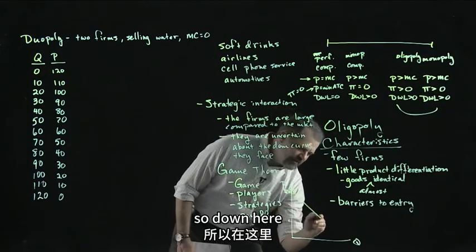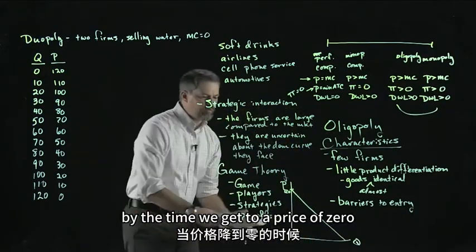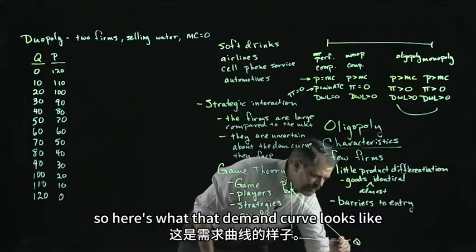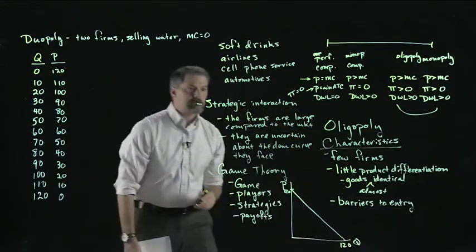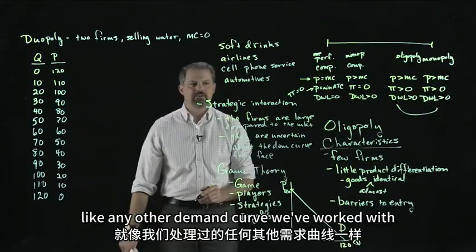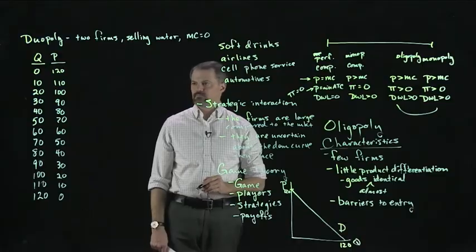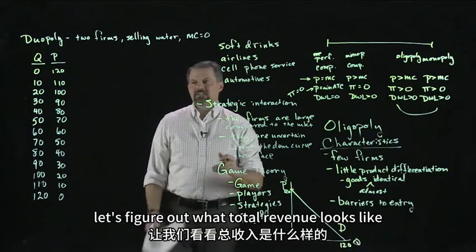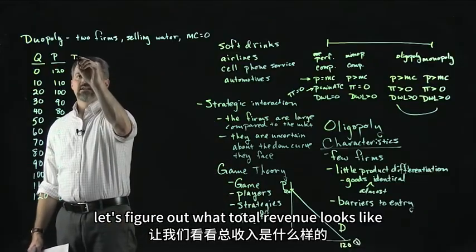So down here, by the time we get to a price of 0, quantity is 120. So here's what that demand curve looks like. Okay? It's just a basic demand curve. It's downward sloping like any other demand curve we've worked with. So there's the town's demand schedule. Let's figure out what total revenue looks like.